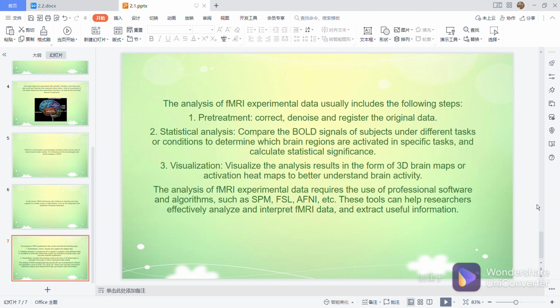The analysis of fMRI experimental data requires the use of professional software such as SPM, FSL, AFNI. These tools can help researchers effectively analyze and interpret fMRI data and extract useful information.